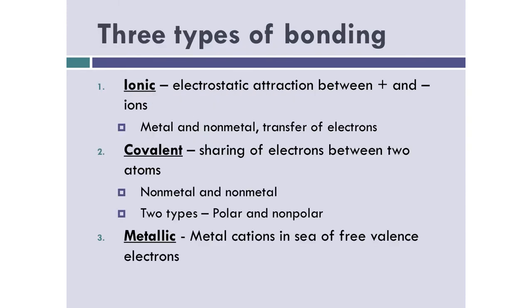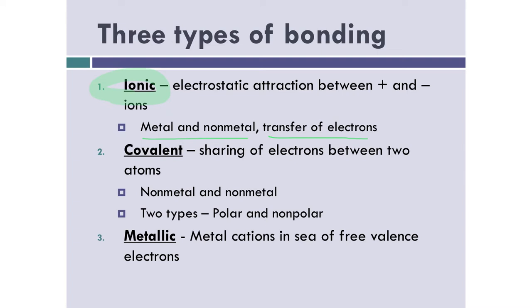Hopefully you remember from Regents our three different types of bonds. So first off, we have an ionic bond. In an ionic bond, our electrons are transferred between a metal and a non-metal. So we are going to have attractions between the positive and the negative ions.